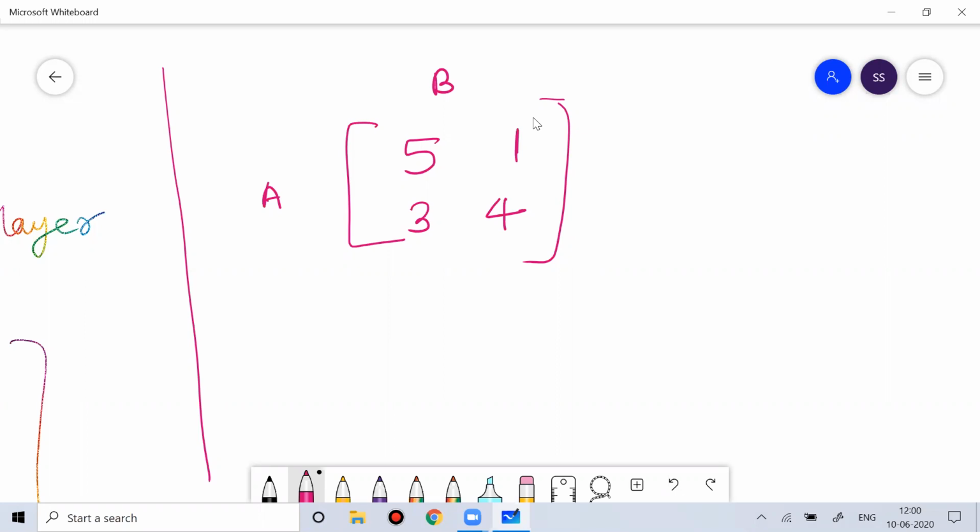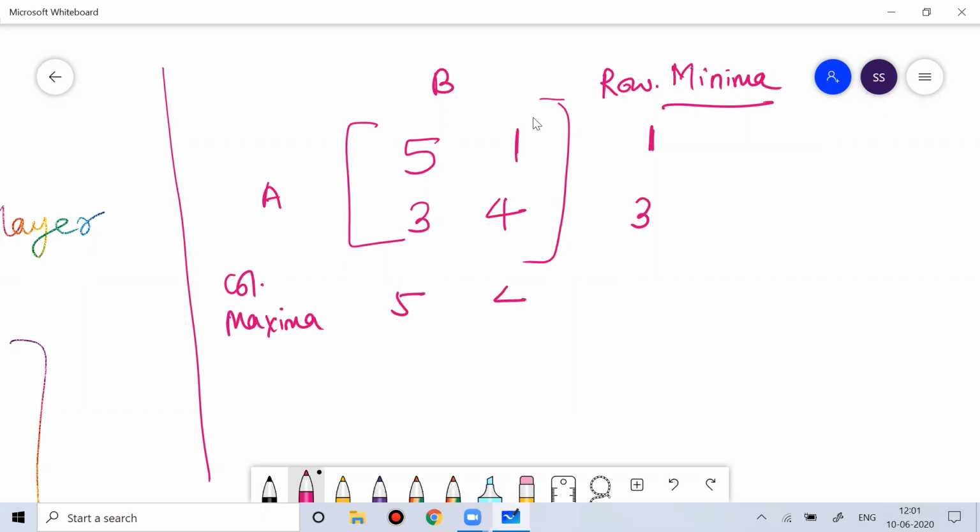Imagine if you solve this problem and find the row minima. The row minima here is 1, here it is 3, and the column maxima here is 5 and 4. The smallest element of column maxima is 4 and the largest element of row minima is 3.